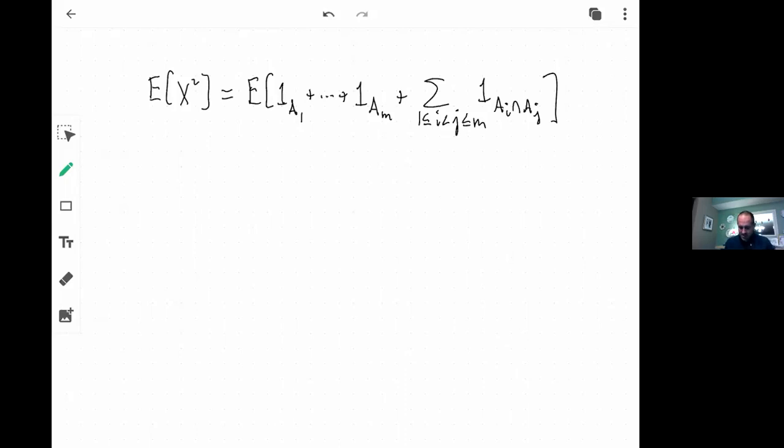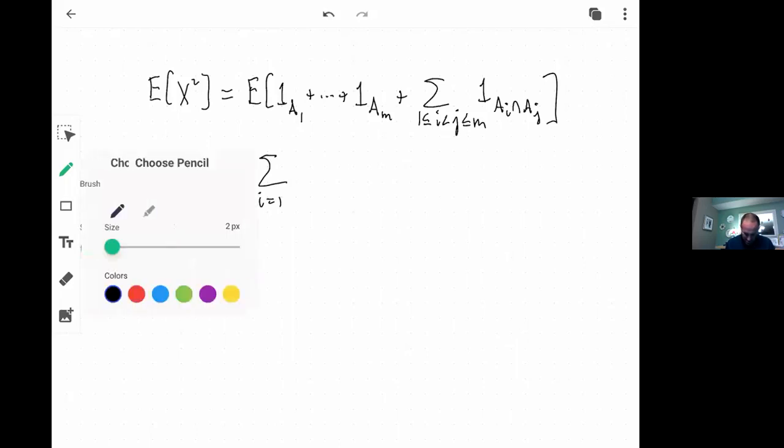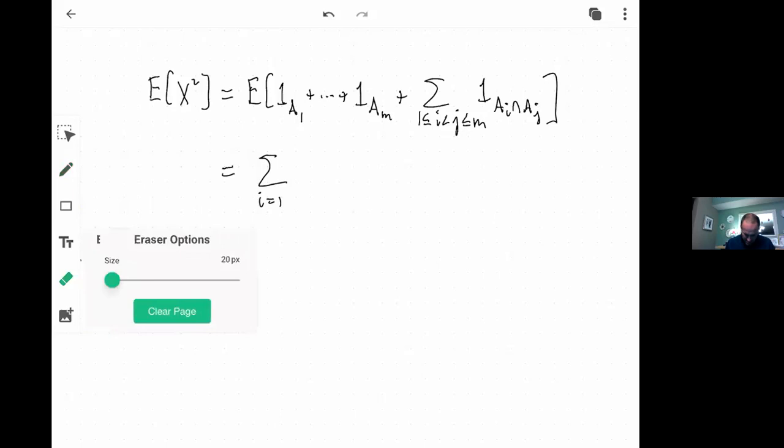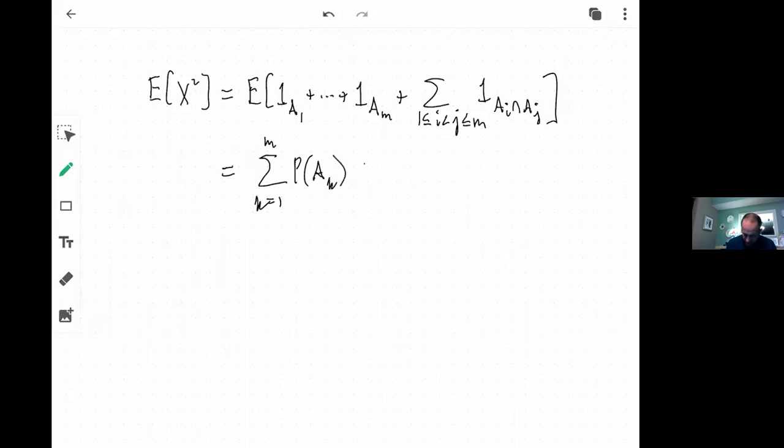What we're going to get is the sum, K going from 1 to M, of the probability of A_K, just by using linearity of expectation, plus the sum over 1 ≤ I < J ≤ M of the probability of A_I and A_J.